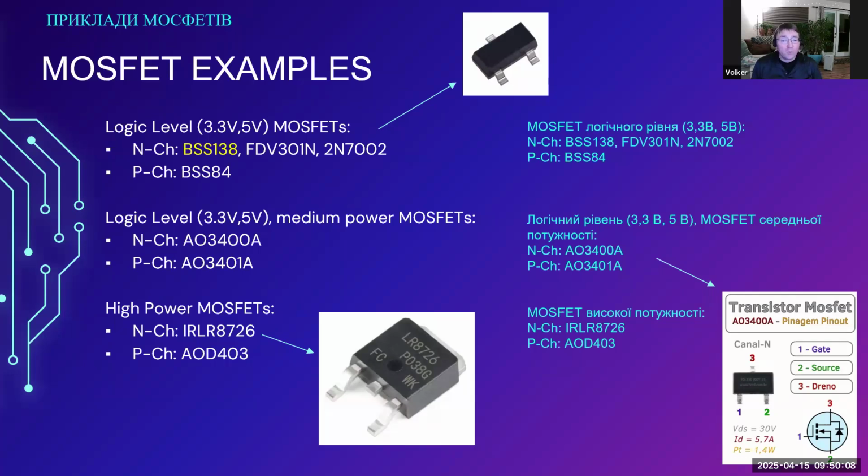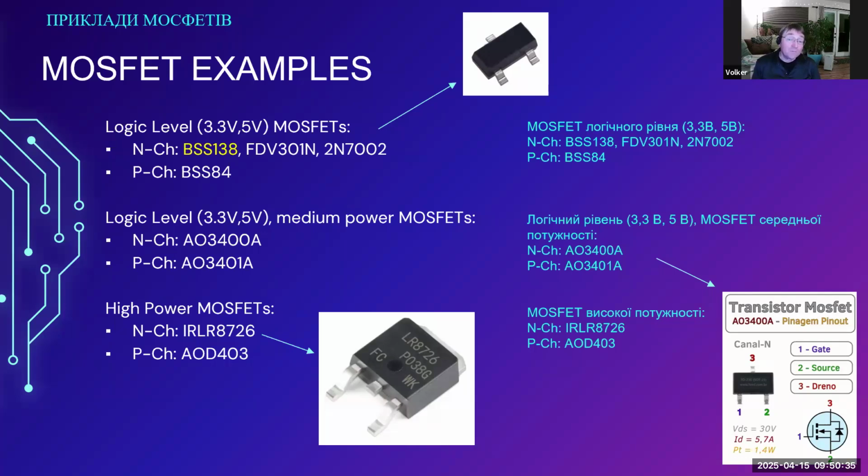The FDV 301 is a good choice. The 2N7002 is a popular MOSFET, but it really only works for 5 volt. It is not really good enough for 3.3 volt. The FDV 301 is better than the BSS 138 in terms of gate threshold voltage, but it is more expensive.